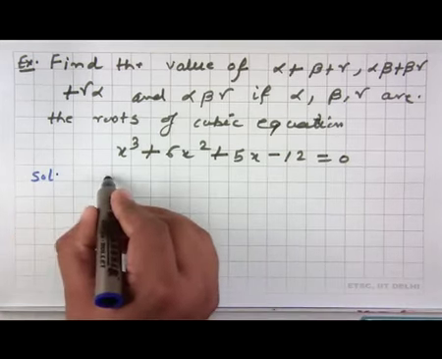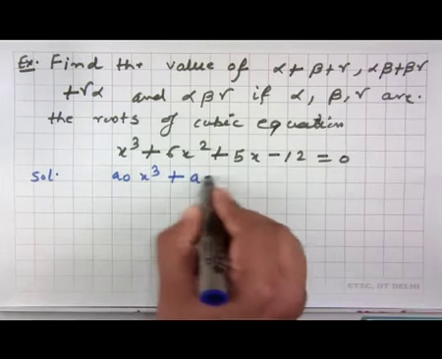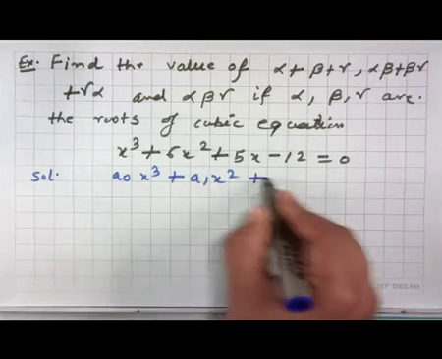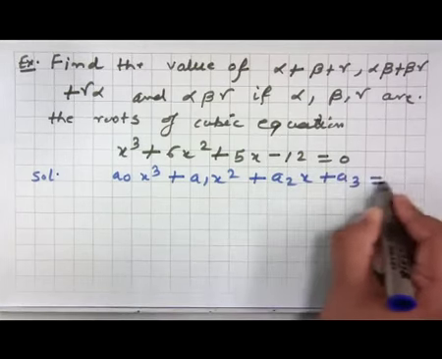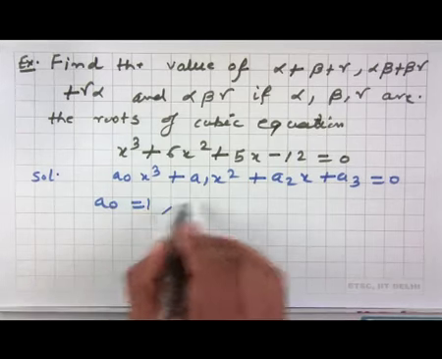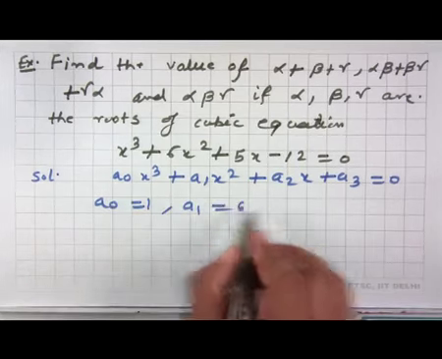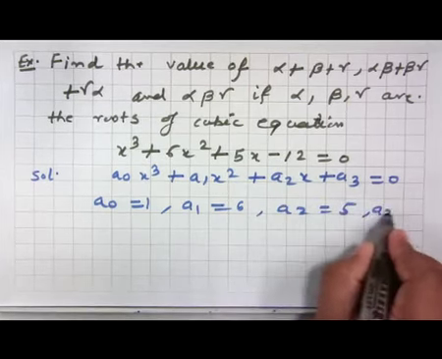Compare this cubic equation with a0 x³ + a1 x² + a2 x + a3 = 0. The value of a0 is 1, a1 is 6, a2 is 5 and a3 is −12.